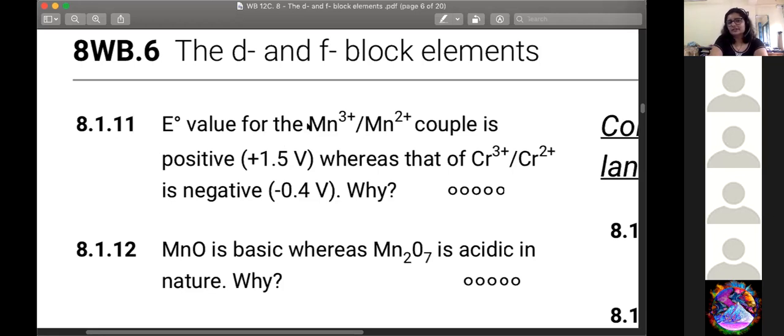If it is written as Mn3+/2+, that basically stands for Mn2+ getting converted to 3+. A negative E naught value means that process is happening, and a positive E naught value means it is difficult to do that process. You could have worded what you mentioned slightly differently.